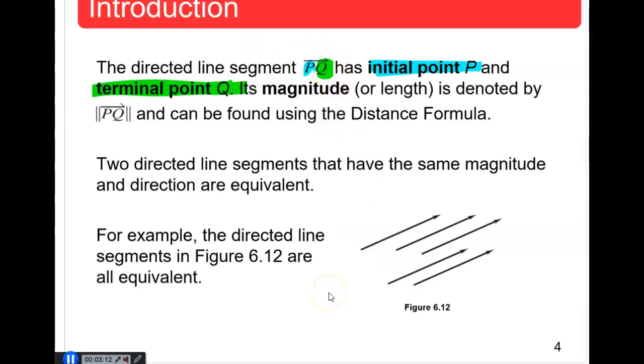Now, like I told you on the previous slide, the magnitude will be the length, and it is denoted by the same PQ with the arrow on top, but we're going to use a double vertical line on each side, and that's what we're going to use to denote magnitude.